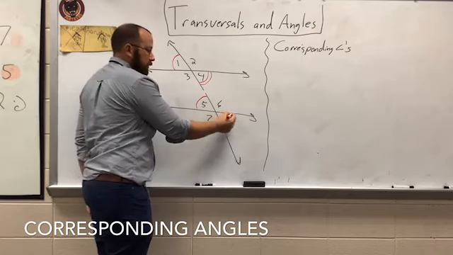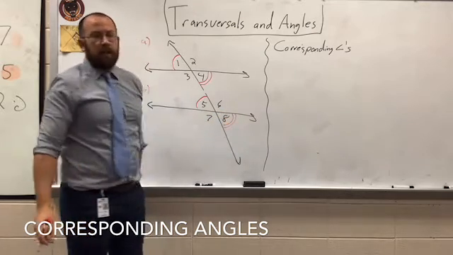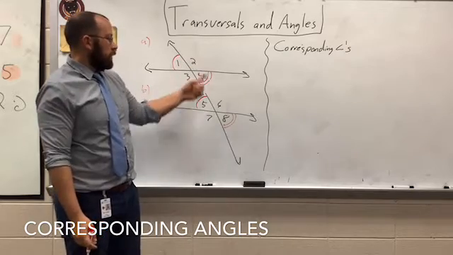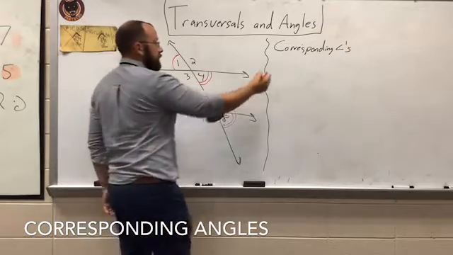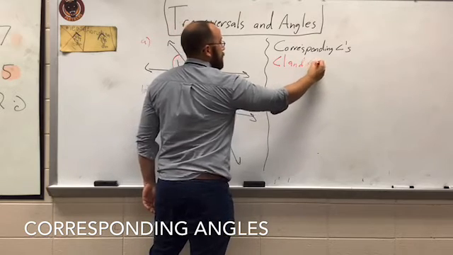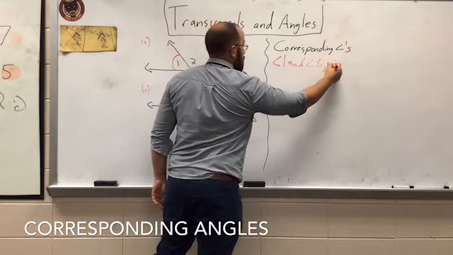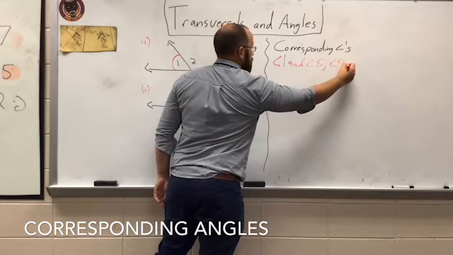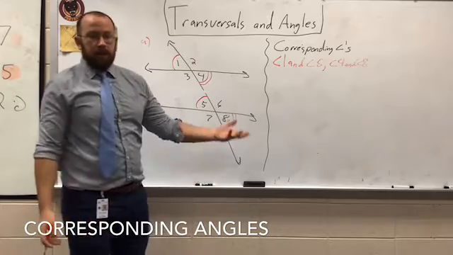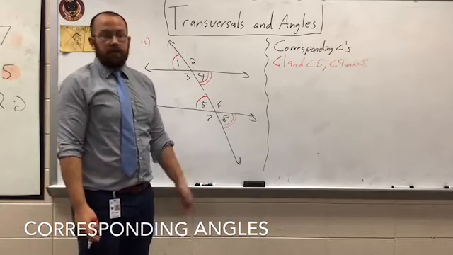If 4 is here, 8 there. And those are corresponding angles. Each one has one that corresponds with it. So I would write that as angle 1 and angle 5, angle 4, and angle 8. And I'll write the rest of them out, and you don't have to watch the rest of this.